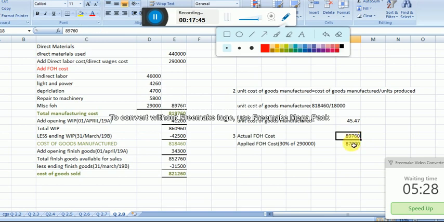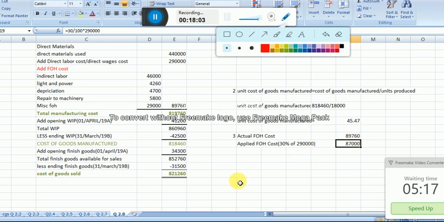It means our calculation was less, and in actual the factory overhead became more.